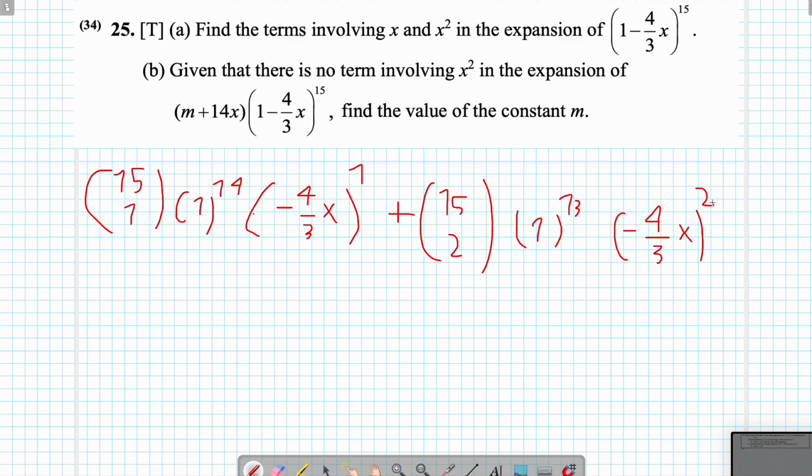And then let's simplify. So 15c1 times negative 4 over 3 is negative 20x, plus 15c2 times negative 4 over 3 squared x squared, which is 16 over 9 x squared, which is 560 over 3 x squared.